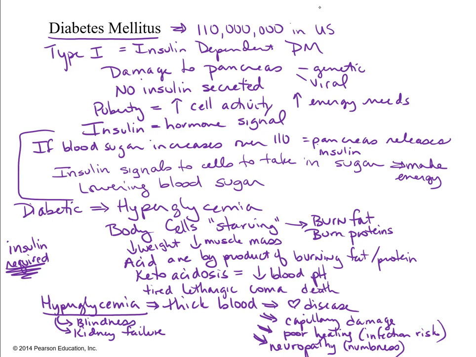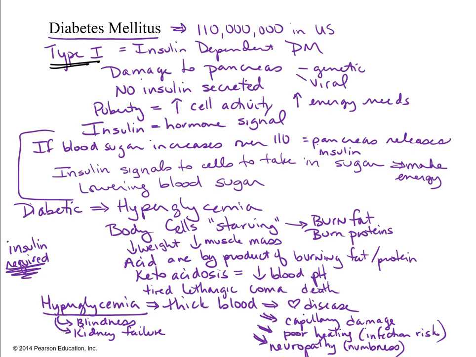There's two types of diabetes. They split them into type 1 and type 2. Type 1 they call insulin-dependent diabetes mellitus. The other they call non-insulin dependent diabetes mellitus. So we'll split them up. I will tell you that type 1, the first one we'll talk about, is only 10% of this number.